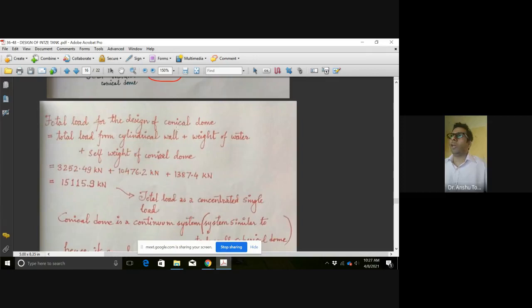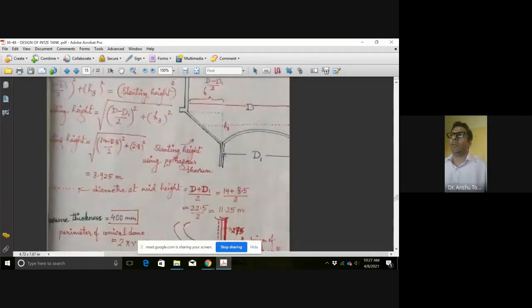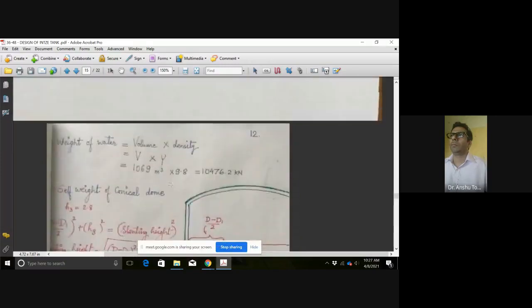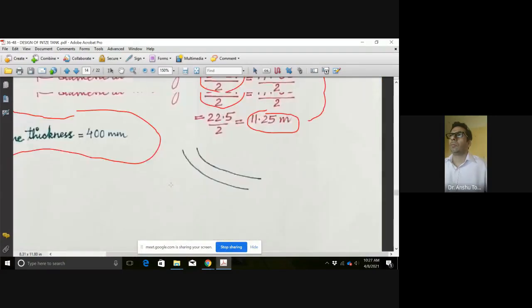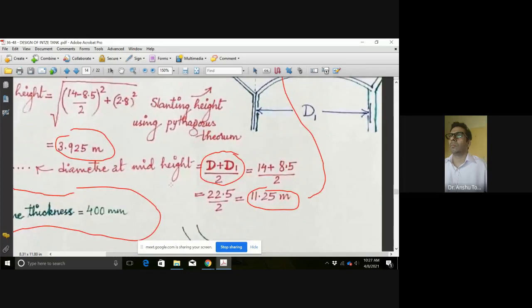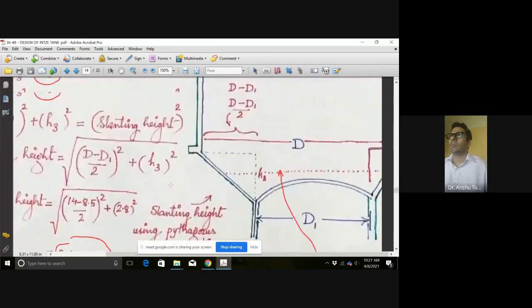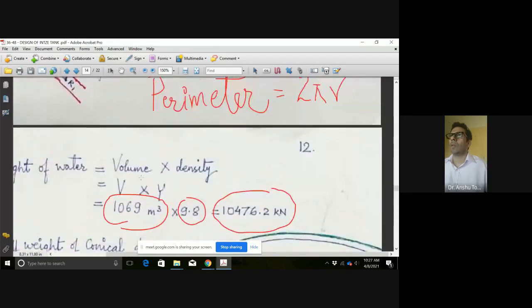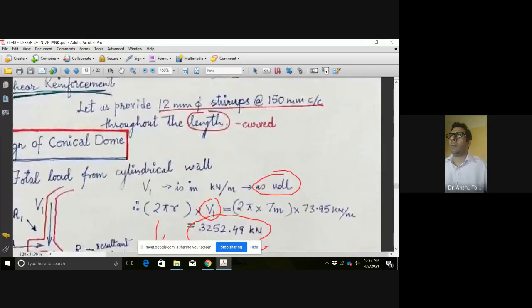Total load for the design of the conical dome, as we have found out in the above components. This was the first part.